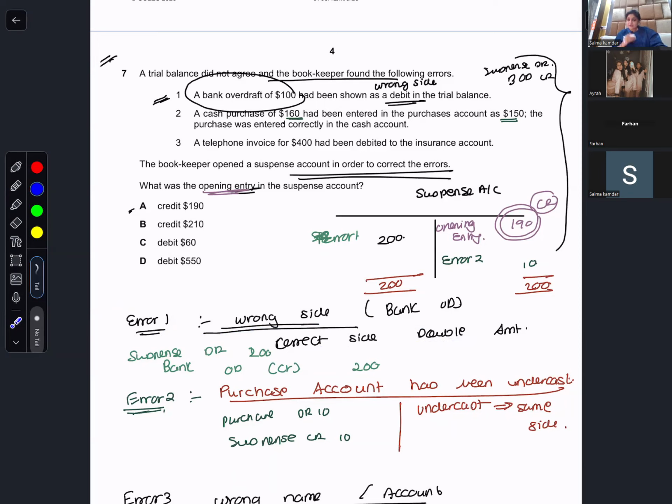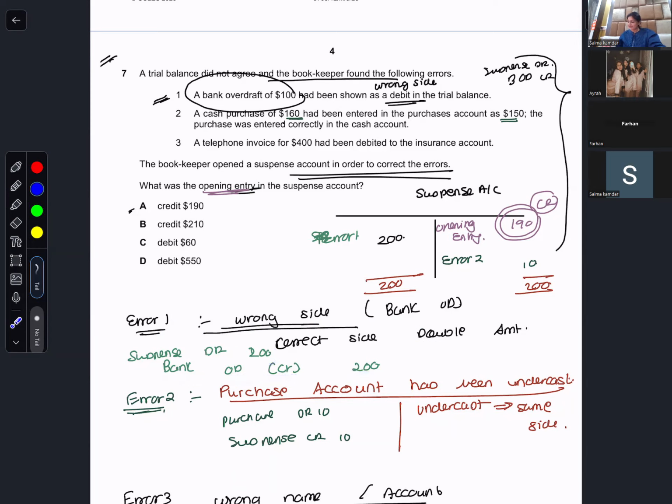The correct side of bank overdraft is credit. So the bank overdraft will be credited by how much? Bank overdraft will be credited by 200, since suspense will be debited by 200.